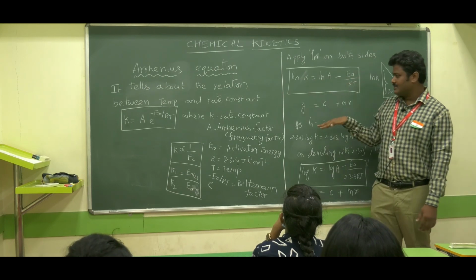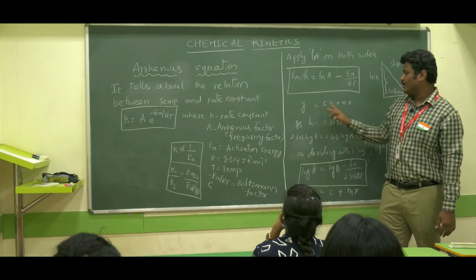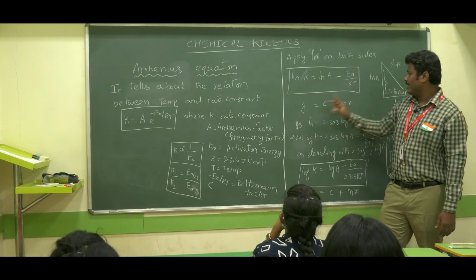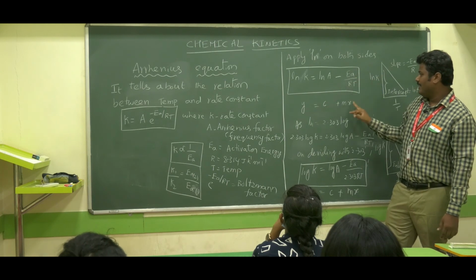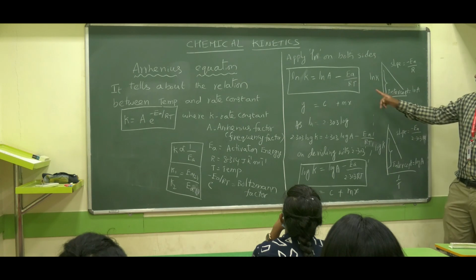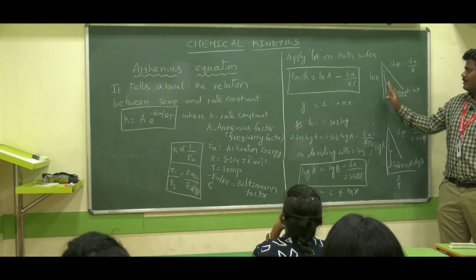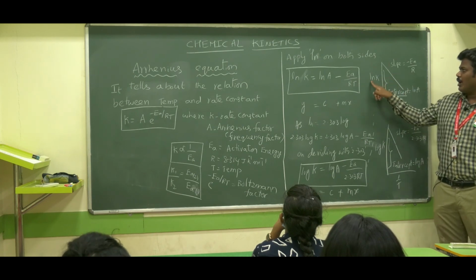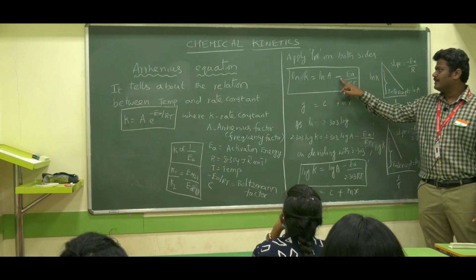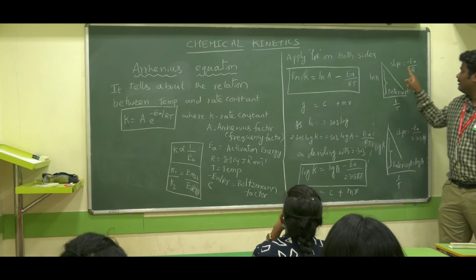This represents an equation like y equals mx plus c. So ln K must be taken on the y axis, and 1 by T on the x axis. If you plot a graph of ln K versus 1 by T, you get a negative slope, that is minus Ea by R.